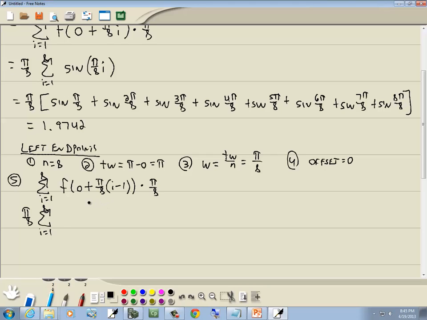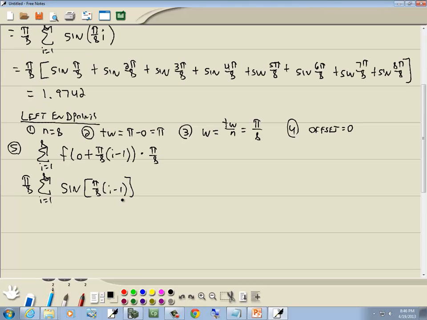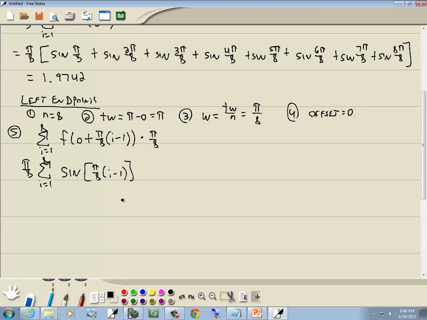Now, if I go ahead and plug that into my function, I've got sine of x. Now, put this in for x. So I've got pi over 8 times I minus 1. It's probably best not to actually multiply it through, because you'll see a pattern a lot easier if you don't multiply it through. So this is going to be pi over 8 times sine. Now I starts at 1.